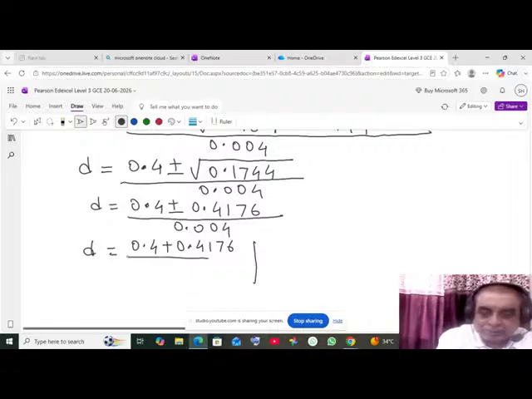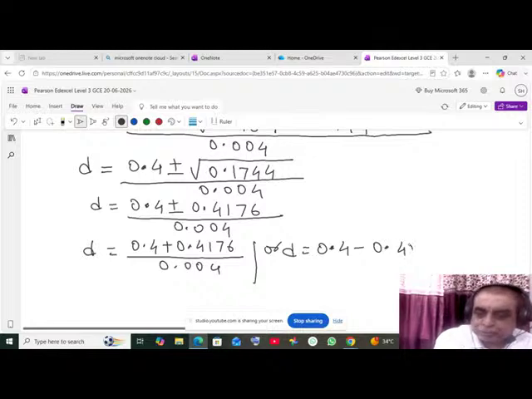So the D value is 0.4 plus 0.4176, whole divided by 0.004, or the D value is 0.4 minus 0.4176, either plus or minus, divided by 0.004.